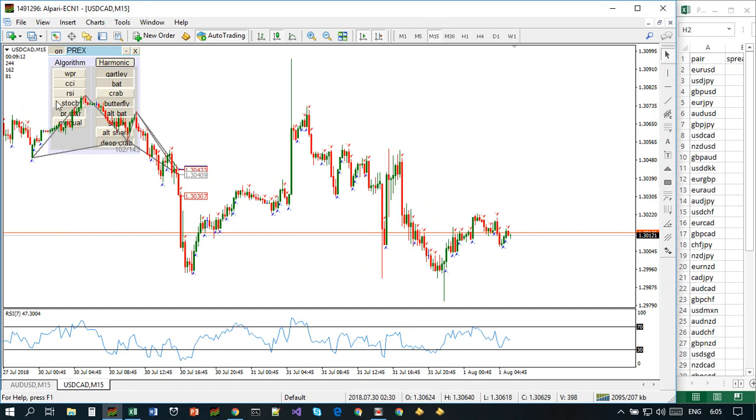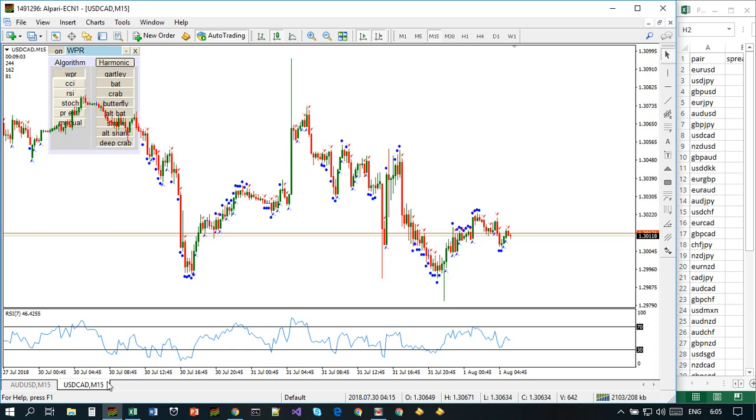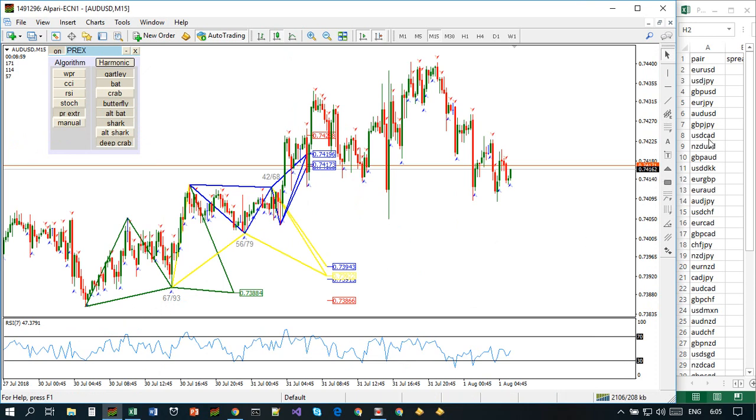Basically, we have nothing. Even if I switch to other algorithms, it stays empty. This was dollar Canadian and New Zealand dollar, the last one that is allowed for 15-minute trading. Other pairs will go and only be allowed to 30-minute trading.